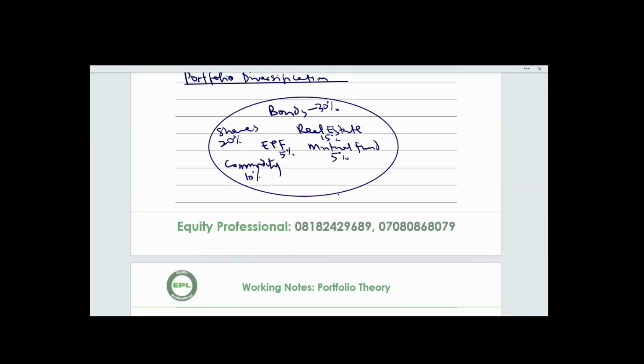So what we are now saying is that as portfolio diversification, you should not put 100% of your investment on only one security, because once you put your eggs in one basket, when that basket is spoiled, everything about your investment will be gone.